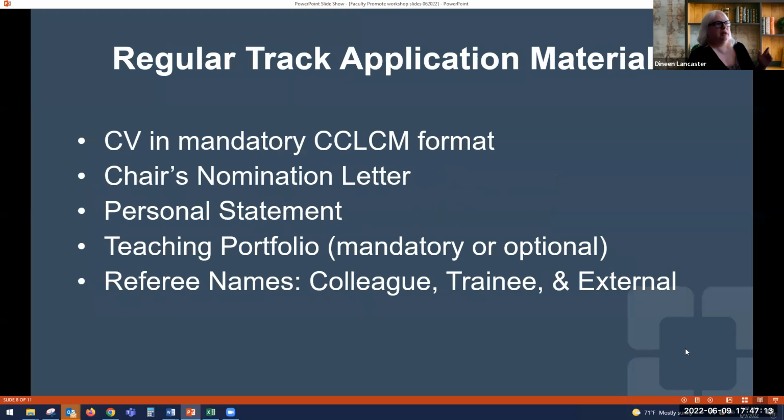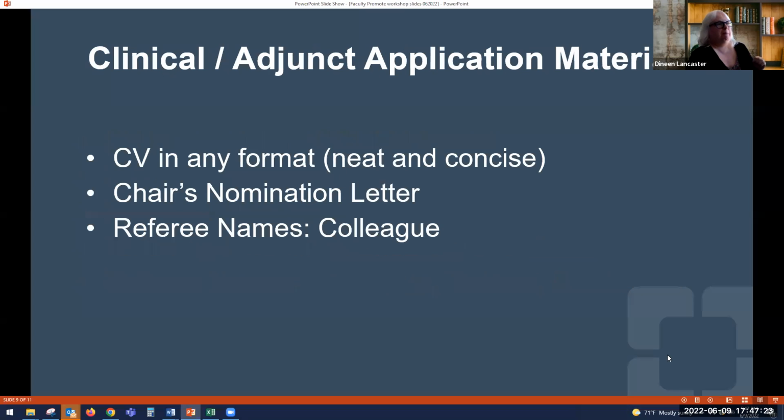Let me move to the next one. For regular track, there's a little less that's involved, just a teeny bit. And those were the items I was talking about. And then in the clinical track, you can see that there's much less that's required. So the only referee names you need are colleagues, and it's a quicker, easier application.